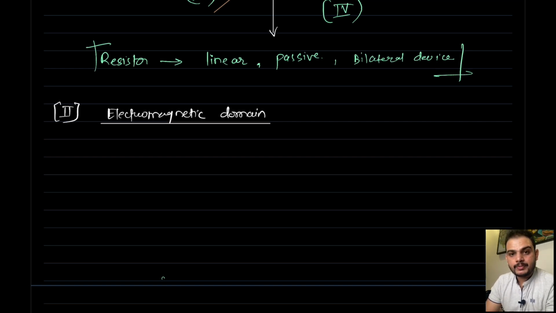Whenever I talk about magnetism or electromagnetism, there the inductor will come into the picture. And whenever I talk about a static system or electrostatic domain, there the capacitor will come into the picture.